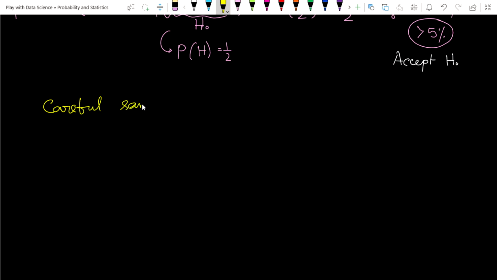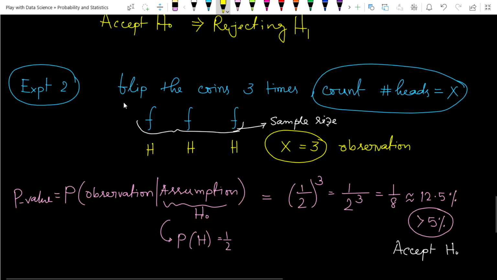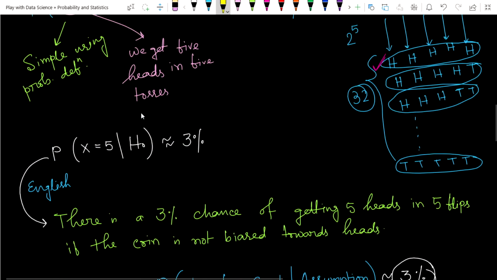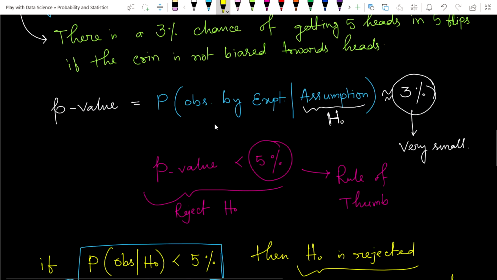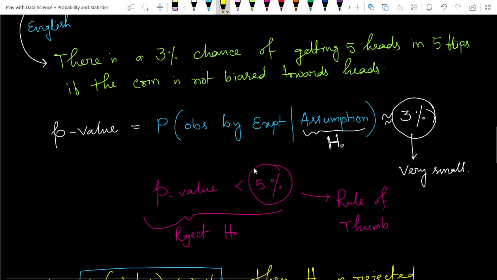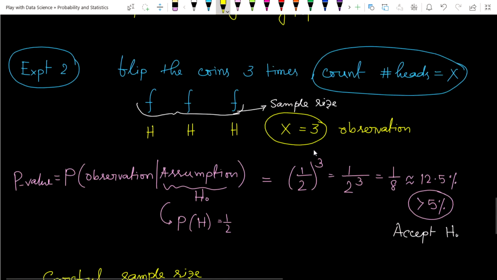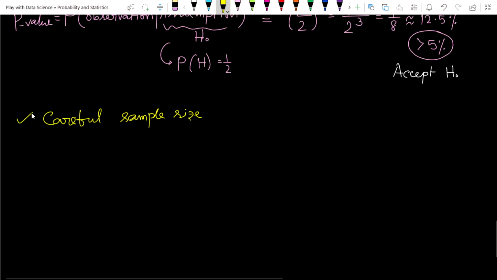Let's see: in experiment 1 we took the sample size equal to 5, and the p value is approximately 3%. In such a case we reject the null hypothesis. But if you take the sample size equal to 3, the p value is greater than 5%, so we accept the null hypothesis. That's the important thing: we have to be careful about our sample size.